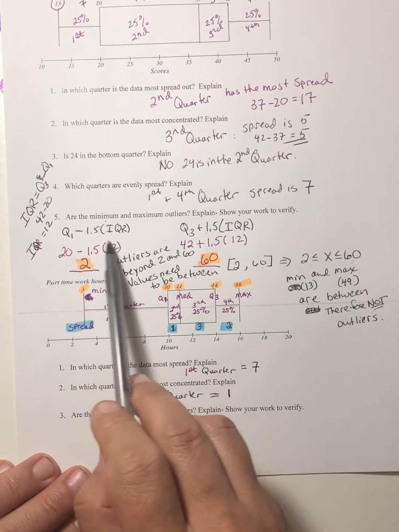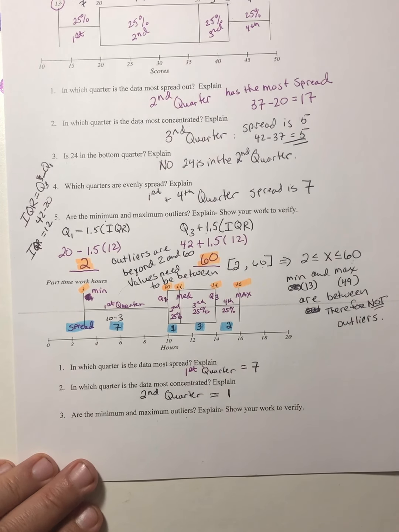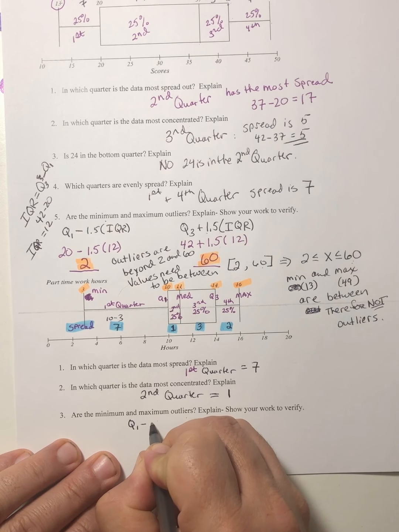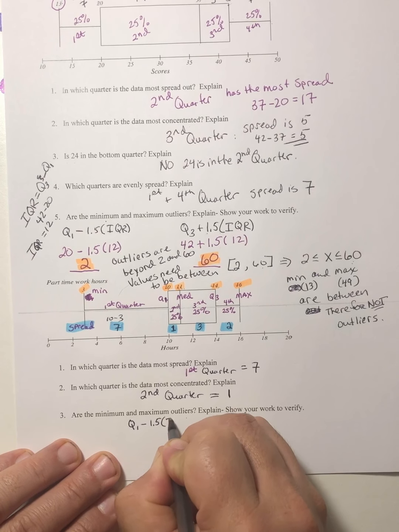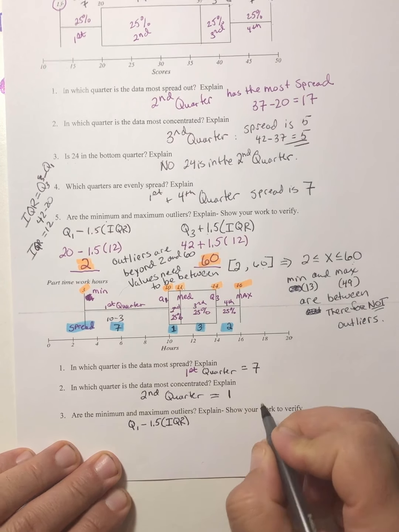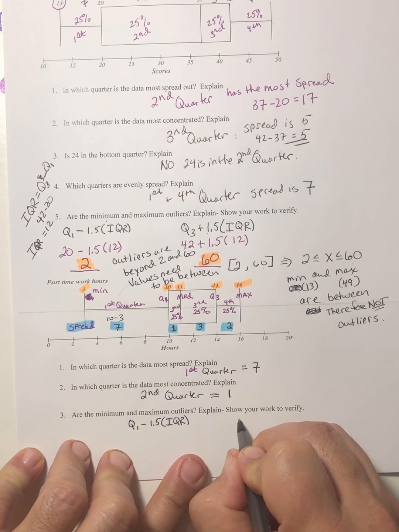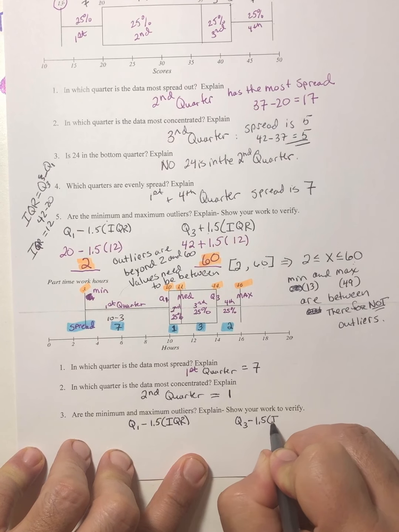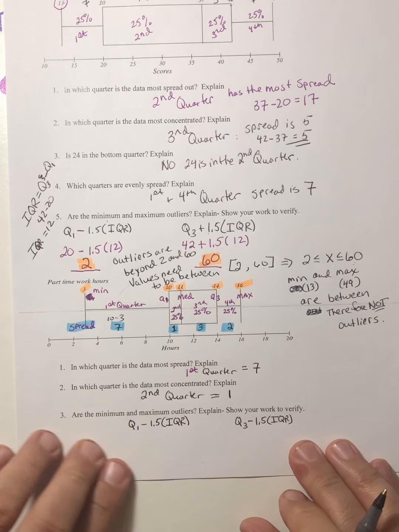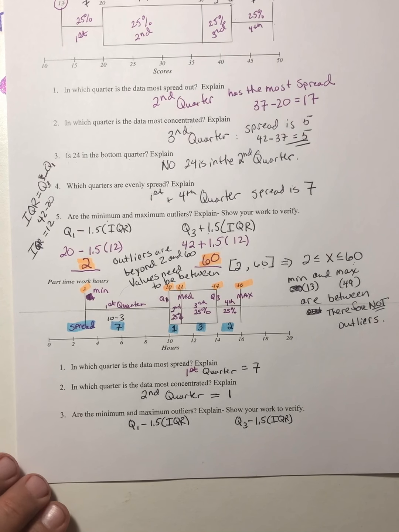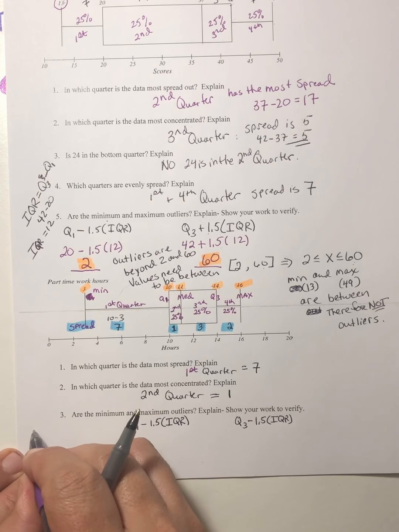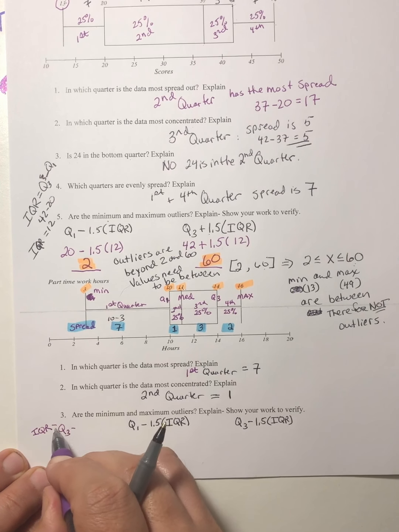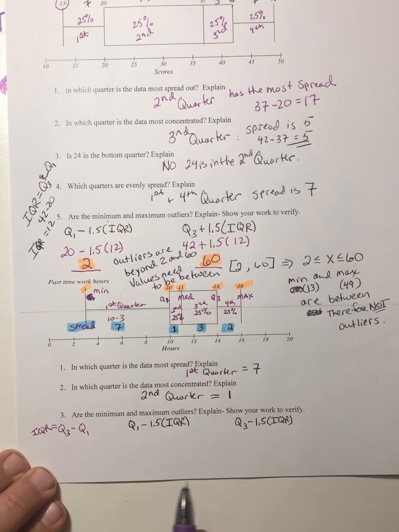Okay, so we're going to do our formulas again. I'm going to write out the formulas. This is for the minimum, Q1 minus 1.5 times the interquartile range. And then we're going to do the max, that's Q3 plus 1.5 times the interquartile range. I'll do the interquartile range right here: Q3 minus Q1.